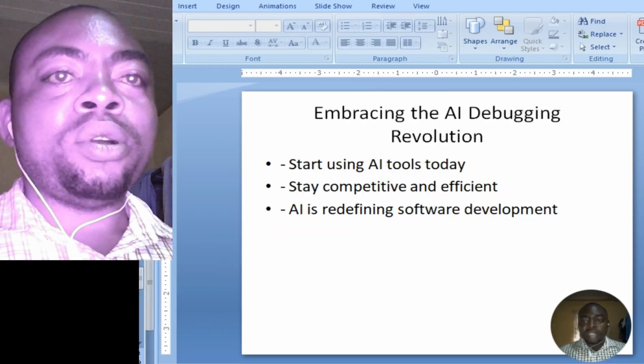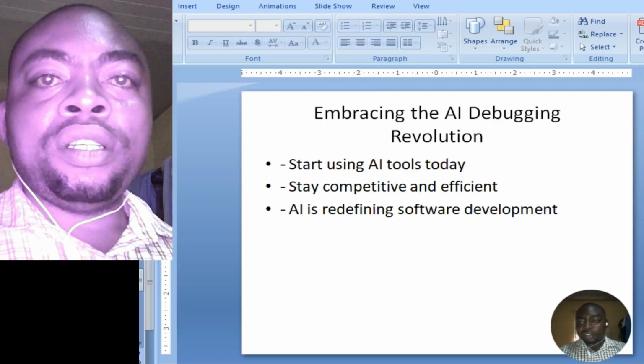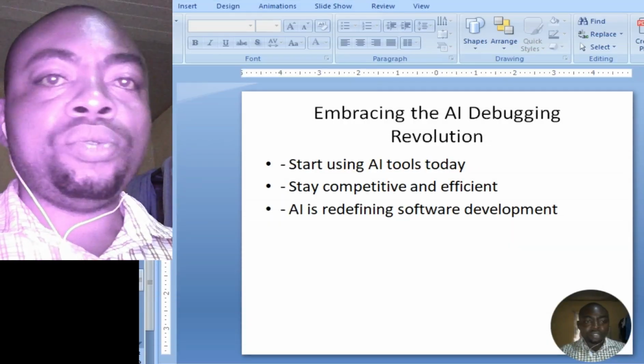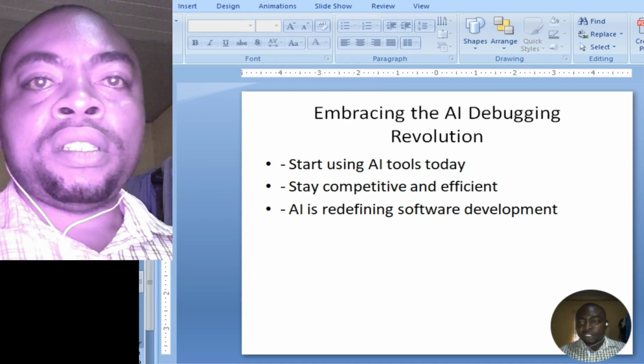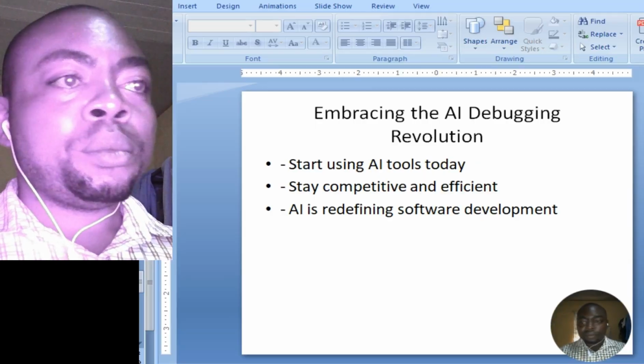Now, embracing the AI debugging revolution. So what do you do now? Start to use these tools like GitHub Copilot, which we have just shown there. You can also make use of Codium AI.